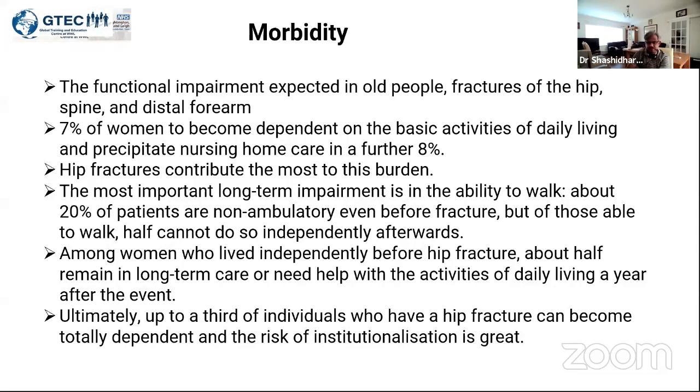They either have a Zimmer frame or some kind of walking aids here in UK, but that can go up to about 50%. And in fact, I would say half of the people will not be able to walk independently or will need some care. And they also need additional care.